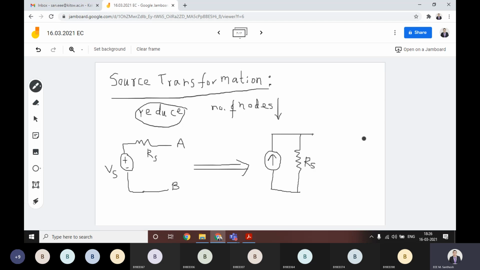To calculate this current source value, we utilize Vs, the previous voltage source value, and the Rs value. Then you connect the current source and the resistance Rs in parallel, so the series elements are converted into parallel elements. That will sometimes be helpful to reduce the circuit.